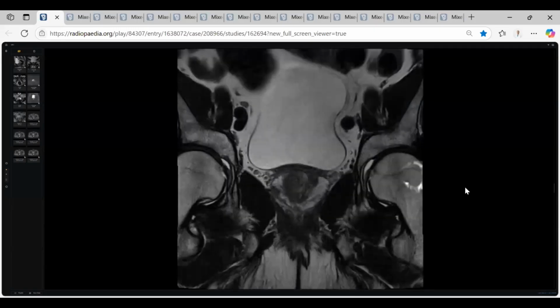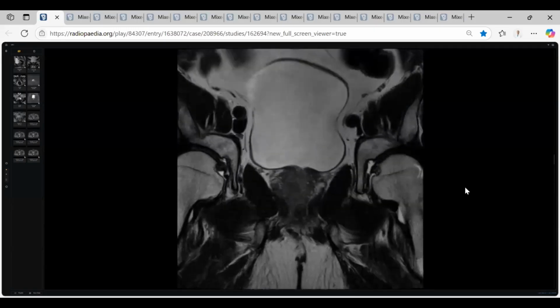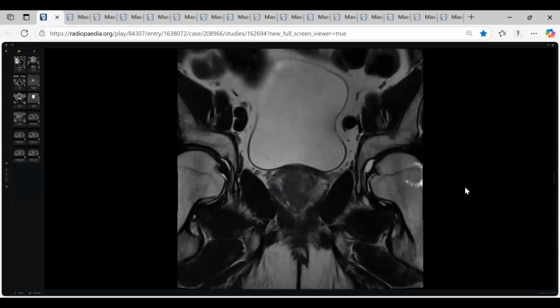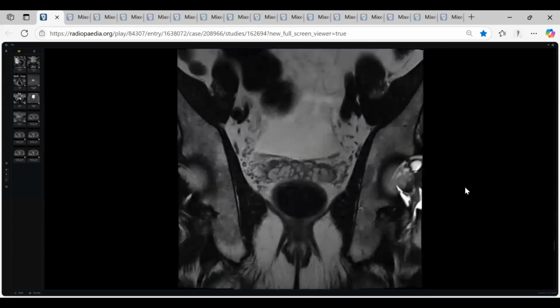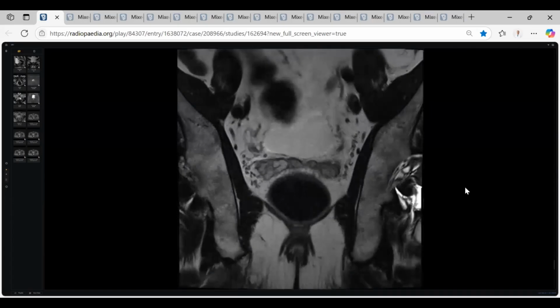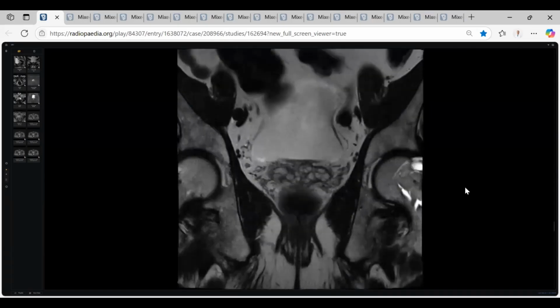I want T2, post contrast dynamic study, and diffusion weighted image. If you should choose one of them, which one would you choose? Post contrast dynamic study.